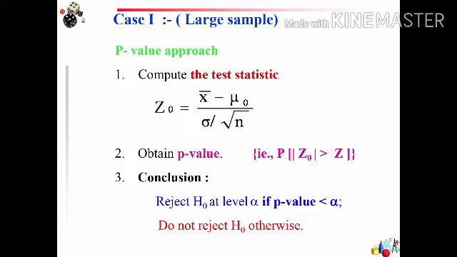X bar is the mean of the sample, mu naught is the specified mean value, sigma is the standard deviation, and n is the sample size. Then obtain the p-value. For the conclusion, if the p-value is less than alpha, we reject H naught. Otherwise, we do not reject H naught.